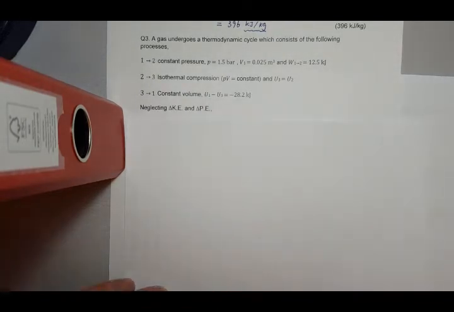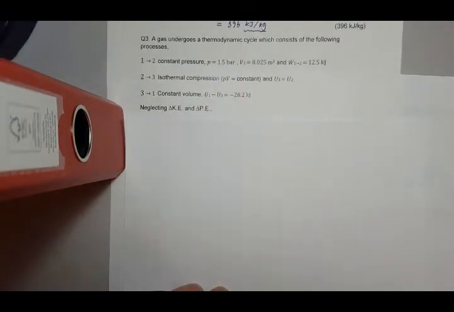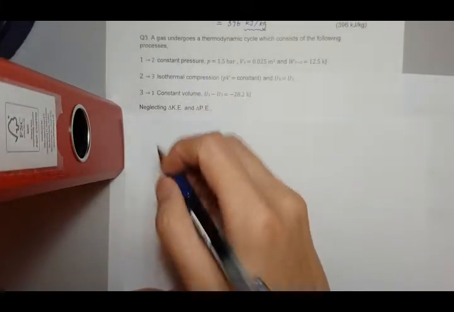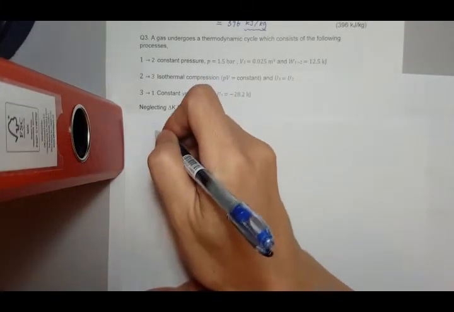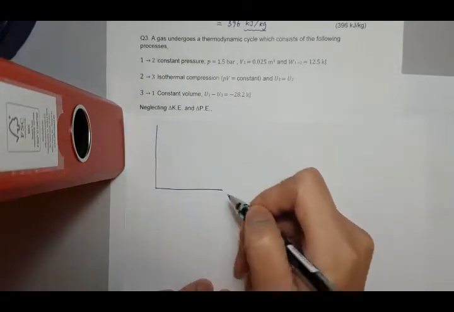If you're still not very sure, you can refer to the lecture slides. Here I'm going to use that template again to plot this thermodynamic cycle consisting of these 3 processes. First of all, we're just going to plot that template. Try to remember the shape of that template.